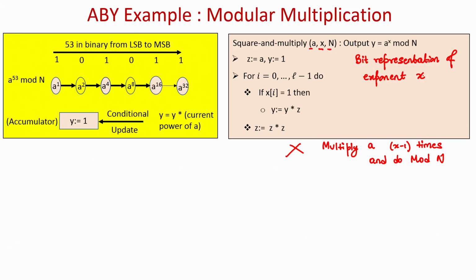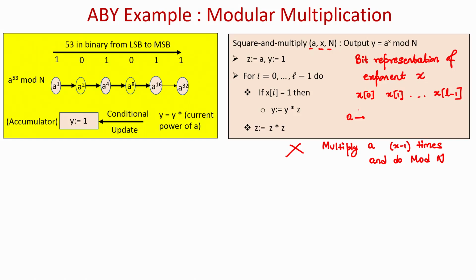So, suppose the bits of x are x of 0, x of 1 all the way to x of L minus 1, and what we do is in each step we square the current power of the base.